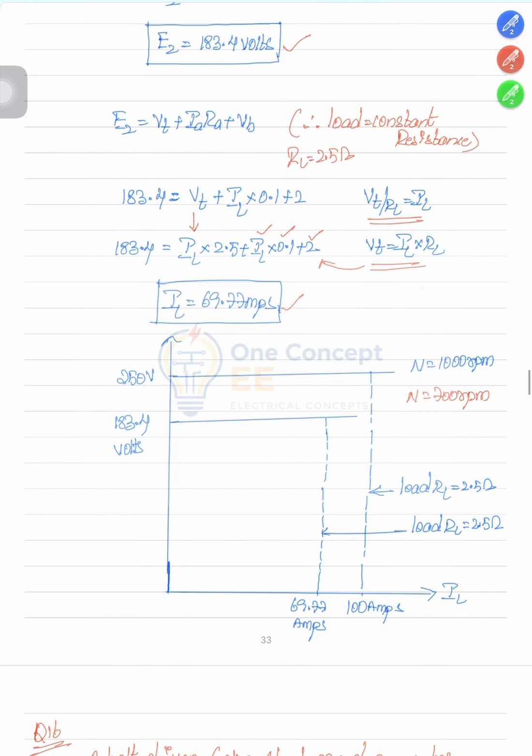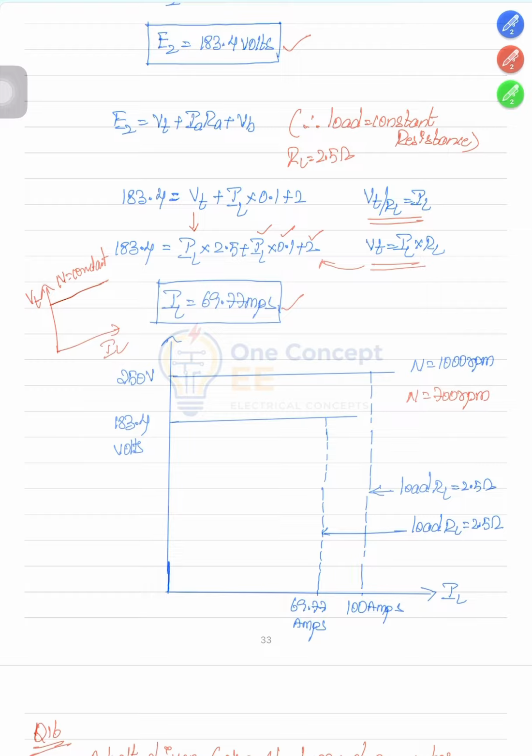Mainly in a separately excited machine, the graph between Vt and IL at speed equal to constant is the external characteristics.